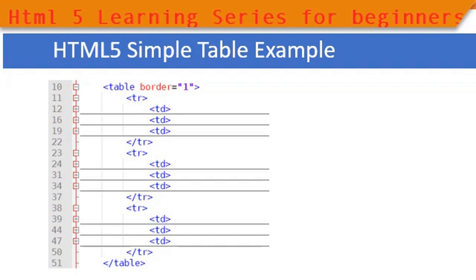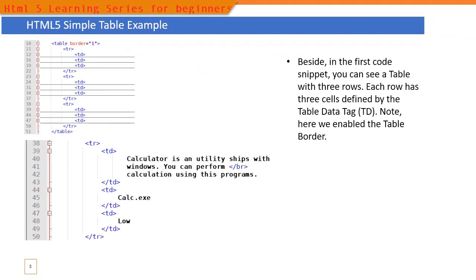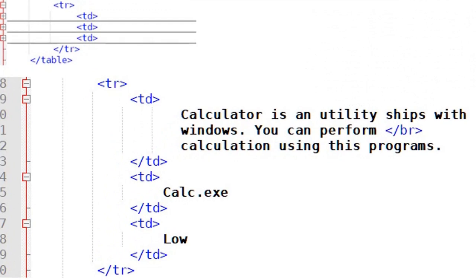Here we defined border as 1. That means the table rows and table cells are shown with a border. Here we expanded the third table row, so you can see the 3 cells and their values.